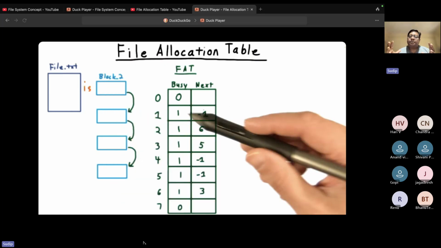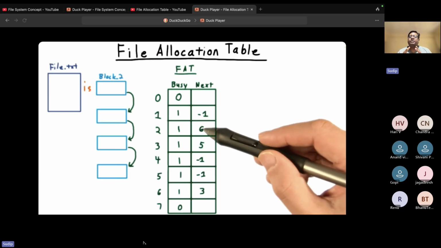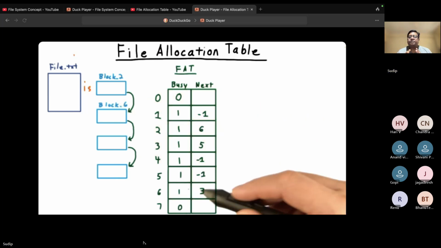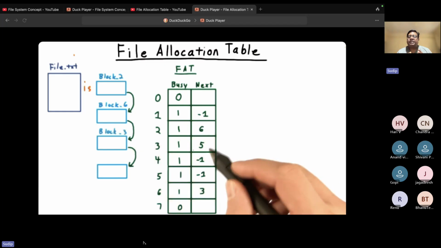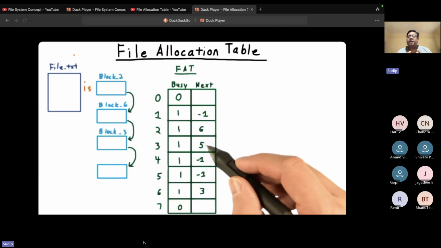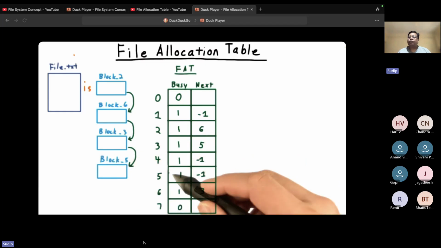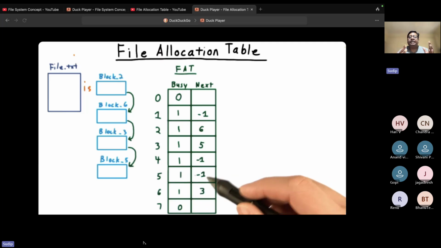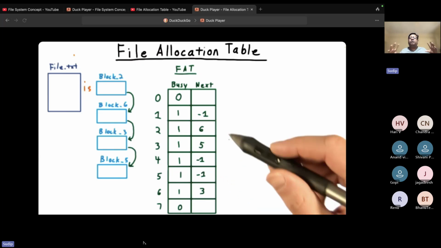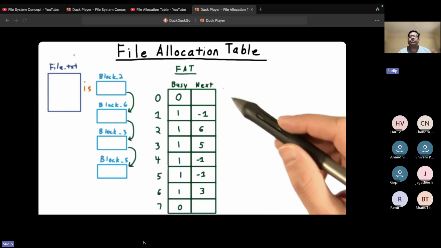Then it puts all of this together in the memory, and once that entire file is there in the memory, it will open it for you. So this is the mechanism that happens when you double click on a file to open it, let us say in Word or PowerPoint, or you want to see a video.